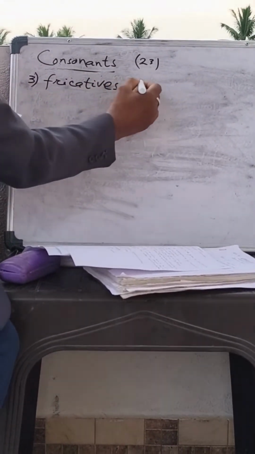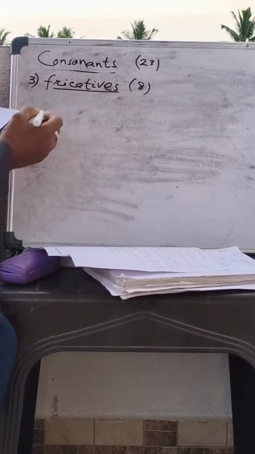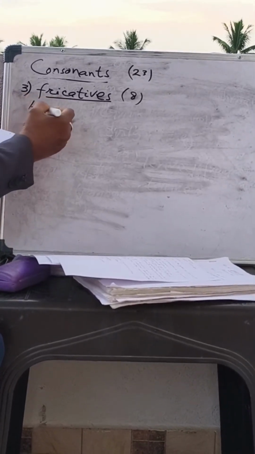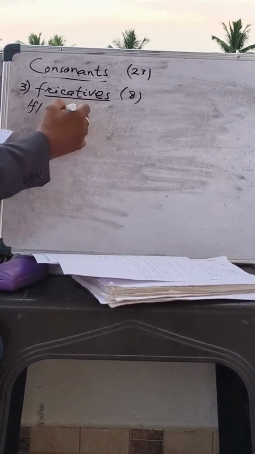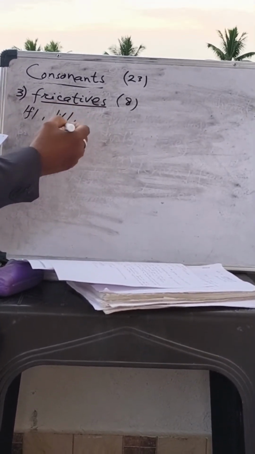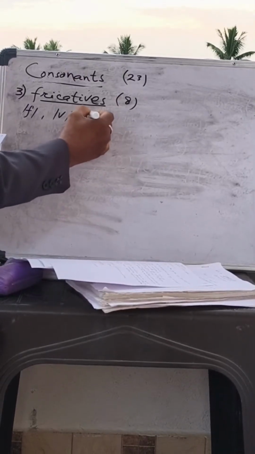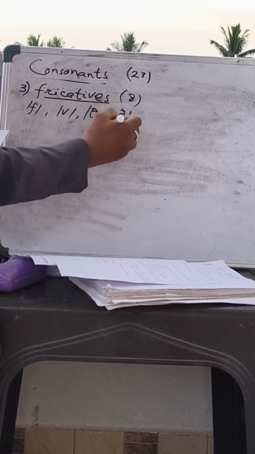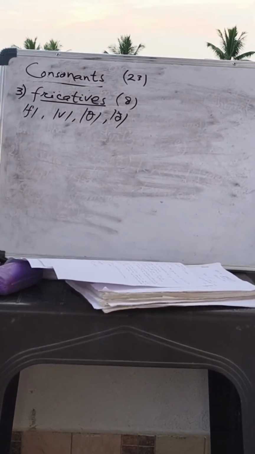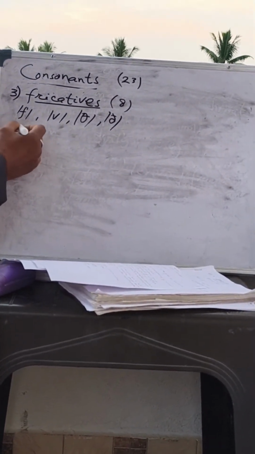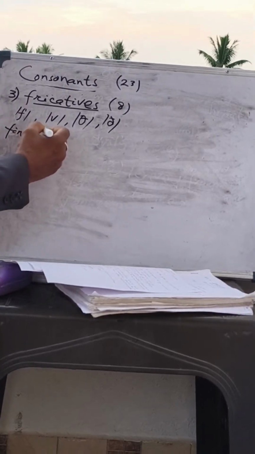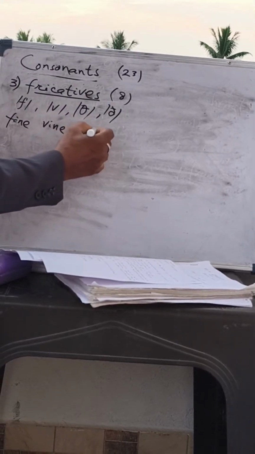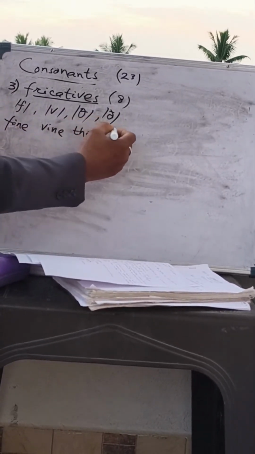There are 8 in number. F, v, th, dh: f for file, v for vine, th for think, and dh for this.